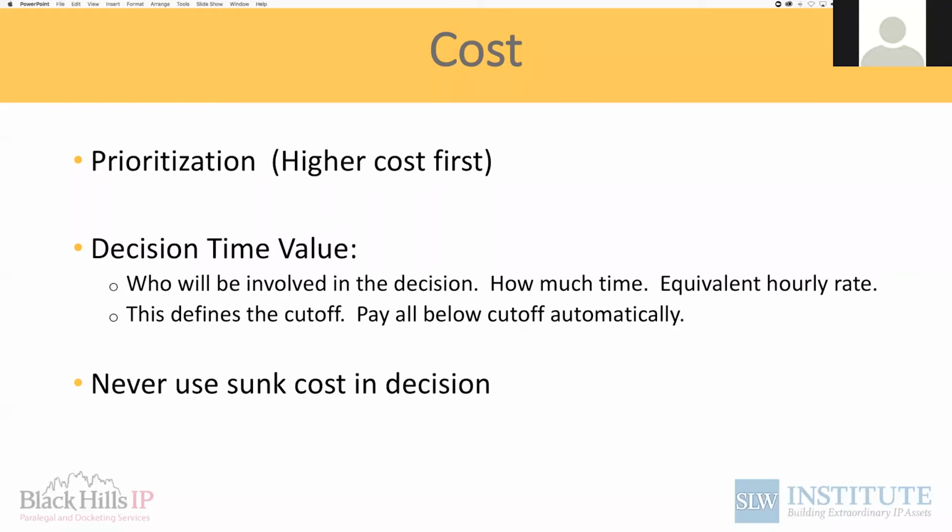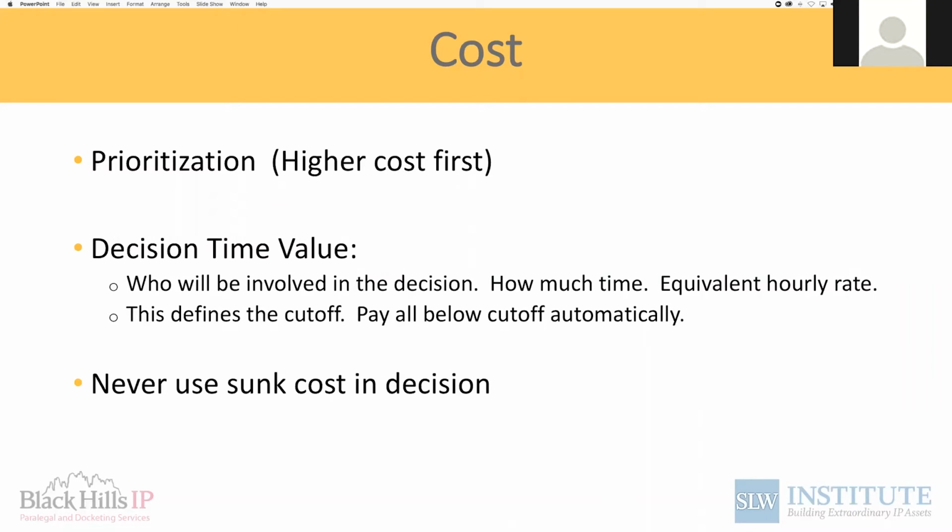If you've got an attorney, a couple of engineers, and a patent engineer that have to go through to make a decision on a particular patent, figuring out their equivalent hourly value of their time and rolling that up to a cost on a per patent basis is a good place to start, because any annuities that are less expensive than that number can automatically just be paid. It's not worth the time to make that decision.